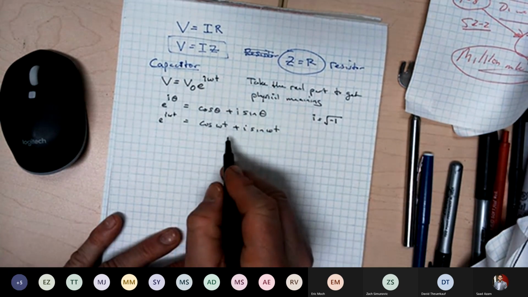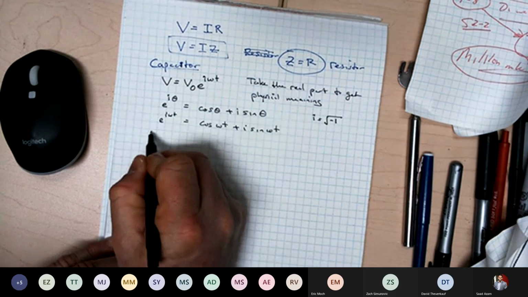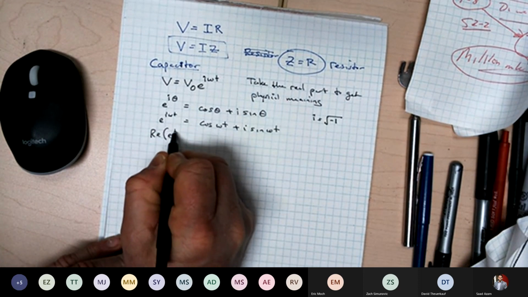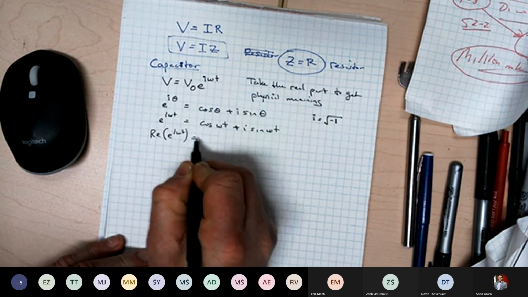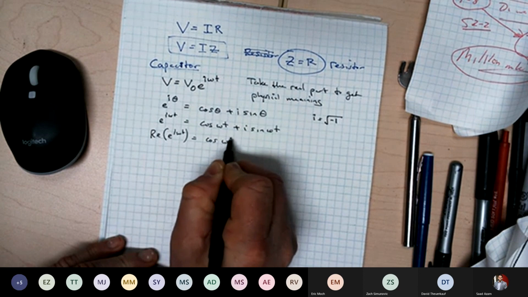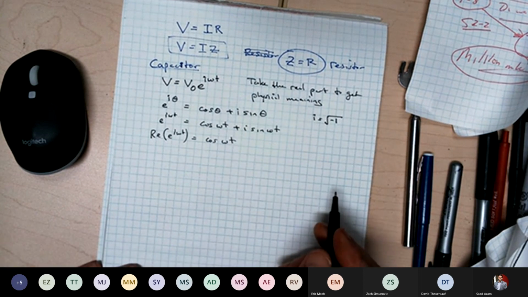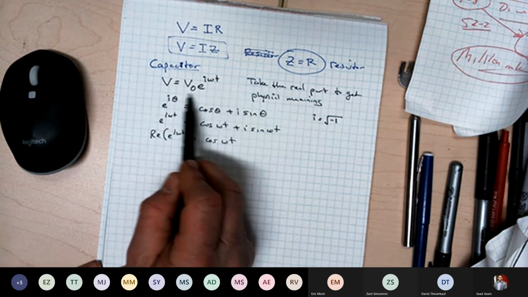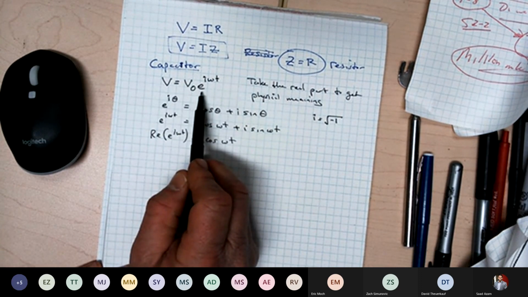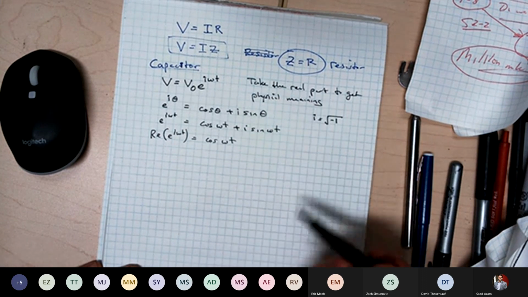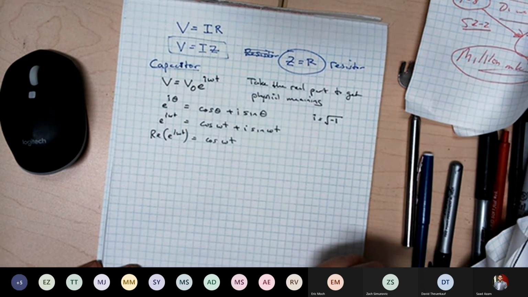If you take the real part of this, that's just cosine omega t. So you can represent sines and cosines with complex numbers, provided you realize that you're taking the real part to get physical meaning.